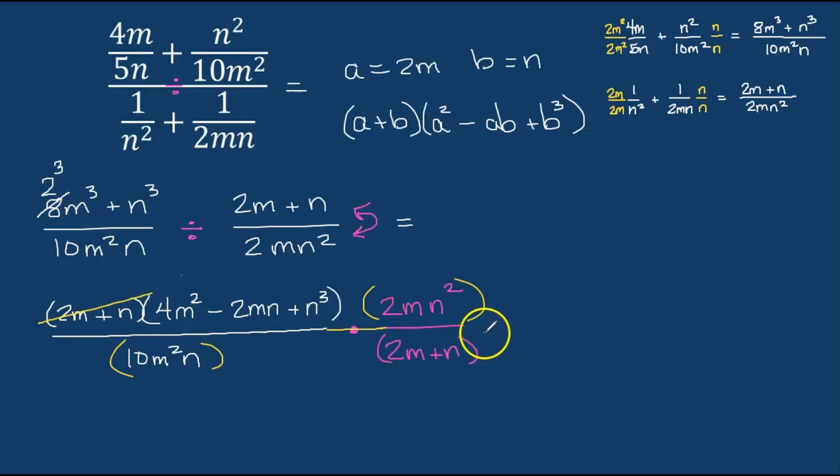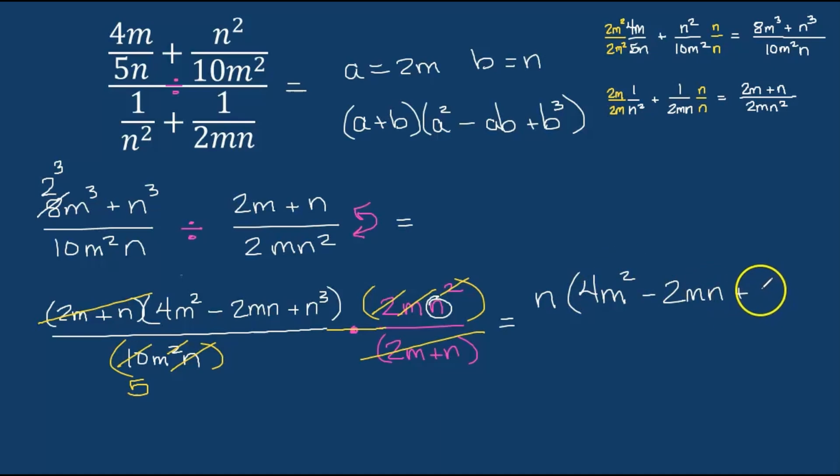And 2m plus n and 2m plus n can go away. 2 and 10 can simplify each other. There's 1m here and 2 here, 2 n's here and 1 here that can all go away. And now if you look closely, the only thing I have in the numerator is a single n right here, kind of hidden, and then this quadratic.